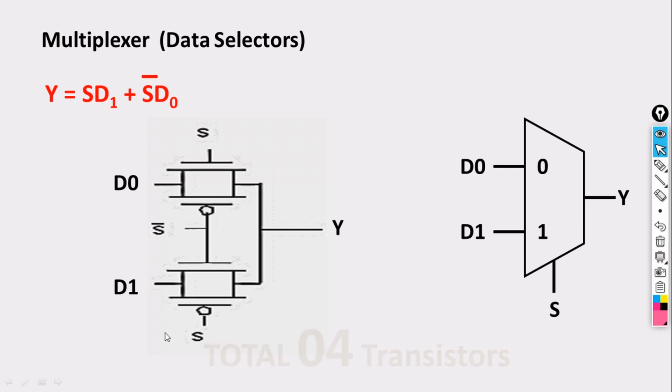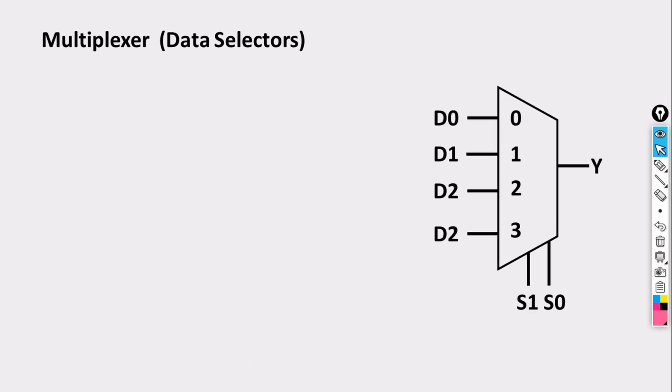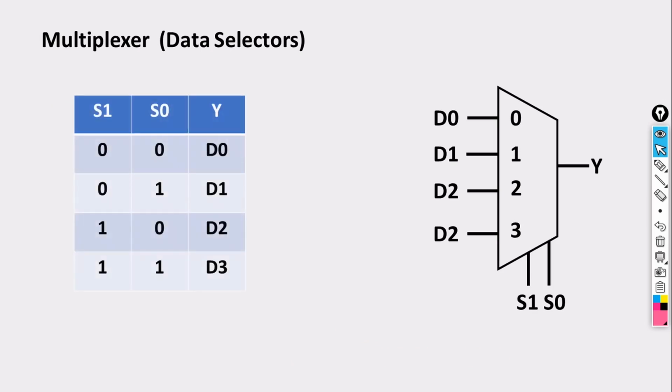Now based on this 2:1 mux, we need to come up with our 4:1 mux. So ultimately we are going to design a 4:1 mux.